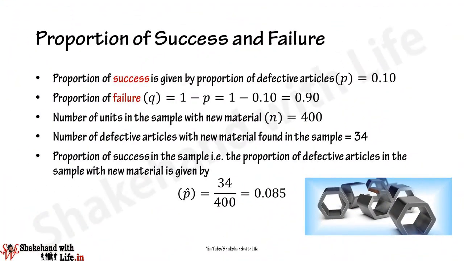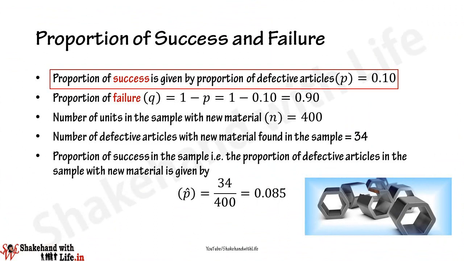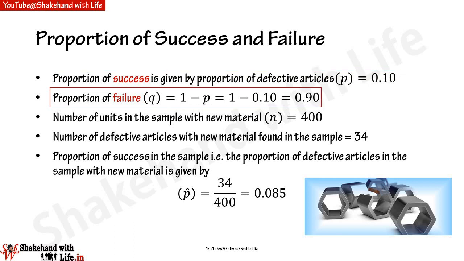Here the proportion of success is given by the proportion of defective articles, and it is given by P equal to 0.10. Now the proportion of failure is given by Q equal to 1 minus P, and that will be equal to 1 minus 0.10, and this will come out as 0.90.